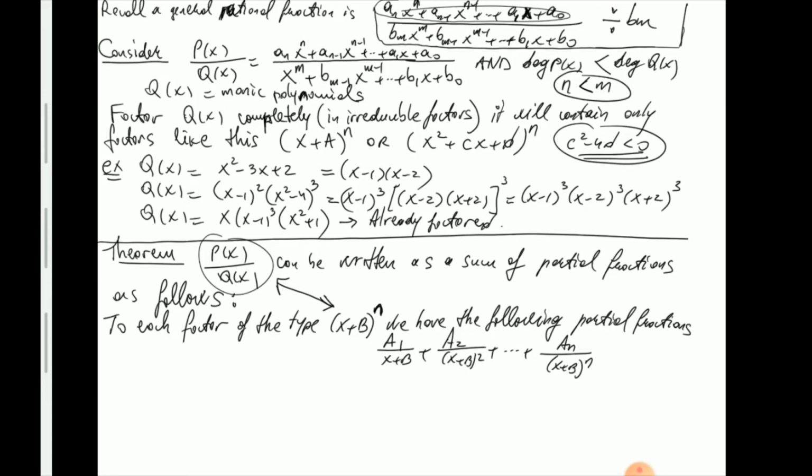So for example, if the multiplicity was 3, like in the second example above, then you would have 3 terms. Like for example, a1 over x plus 2, a2 over x plus 2 to the power 2, a3 over x plus 2 to the power 3. All of these will be constants to be determined, which you will see later how we're going to do that.